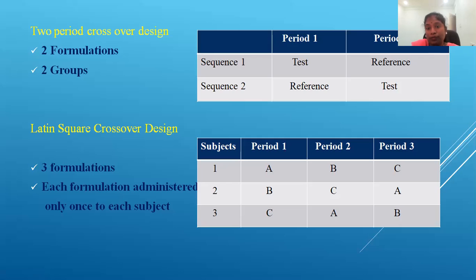Parallel design is where you are studying the intra-subject variability, and crossover design is the inter-subject one: with two subjects, how the formulation is affecting the two persons, how the drug is acting, how the bioavailability we are finding, that we have to analyze.